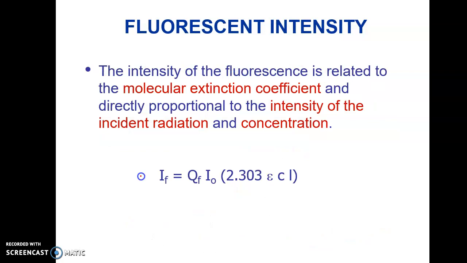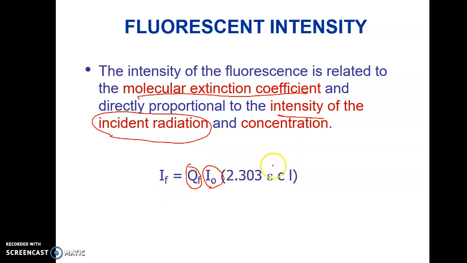So how do we get fluorescent intensity? Fluorescent intensity is related to the molecular extinction coefficient and directly proportional to the intensity of the initial radiation, the incident radiation that first enters. The quantum yield makes up the intensity of the fluorescence, like absorption in UV visible radiation.